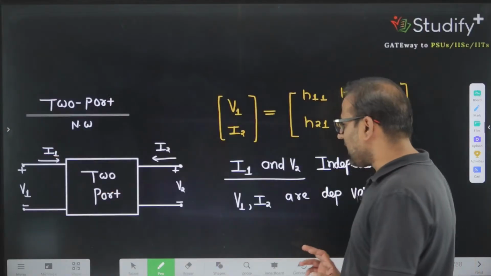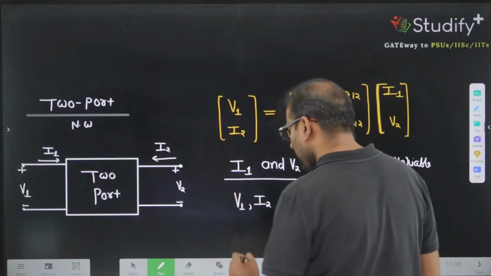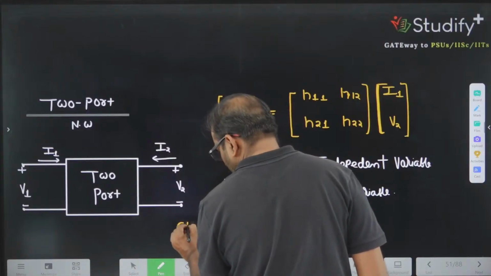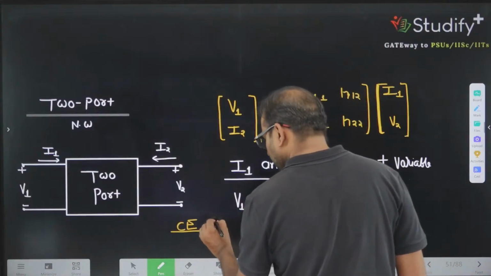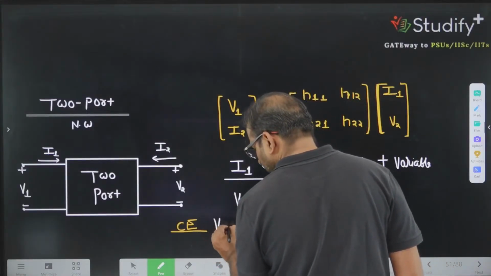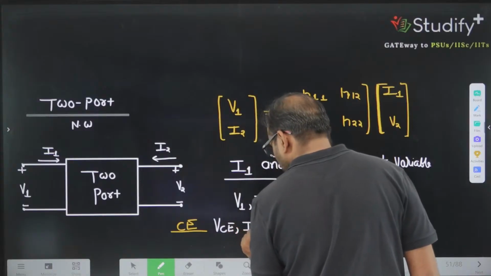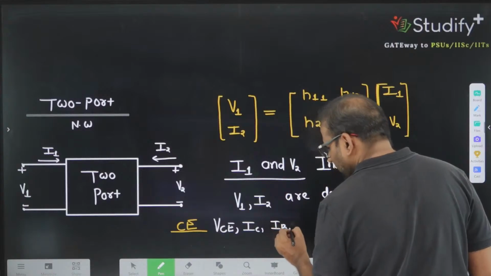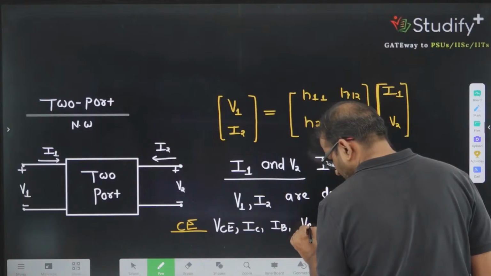And if you want to analyze the H parameter for the BJT, for a common emitter transistor, which you will learn in your analog circuit course, what is the value of V2? V2 is VCE. What is I2? I2 is IC. What is I1? I1 is IB. And V1 is the base voltage.